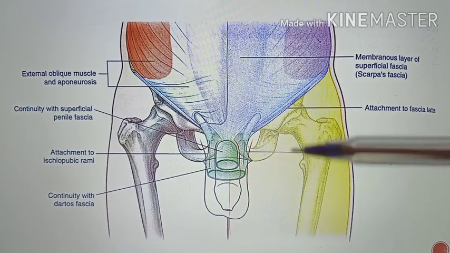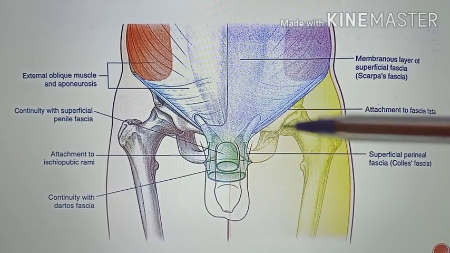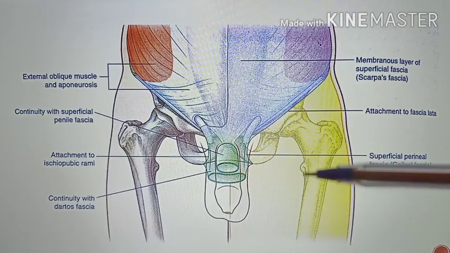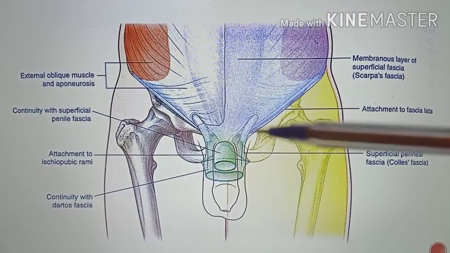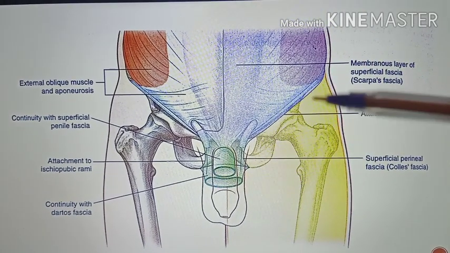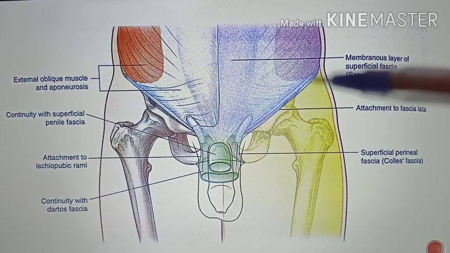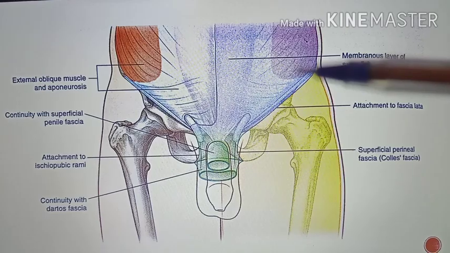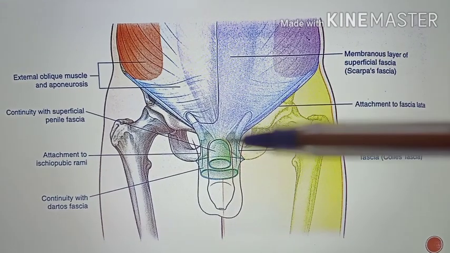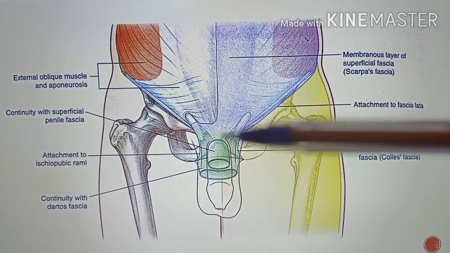Inferiorly, it is continuous into the thigh just below the inguinal ligament. Here you have a ligament called the inguinal ligament, which extends from the anterior superior iliac spine of the hip bone up to the pubic tubercle.